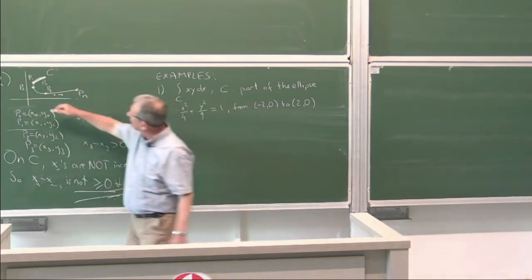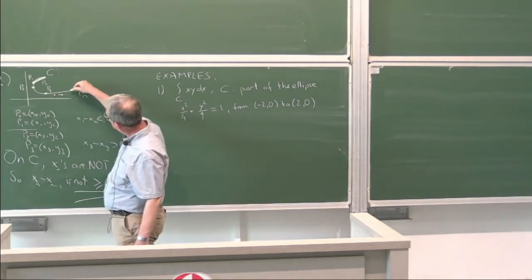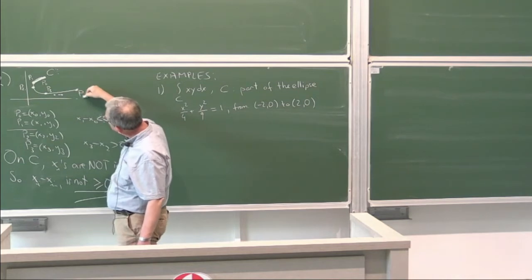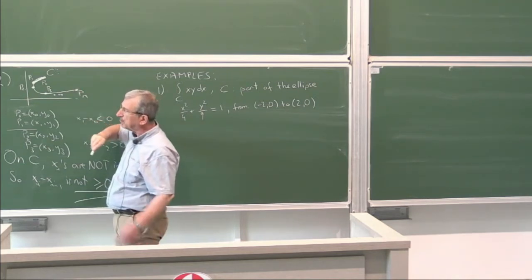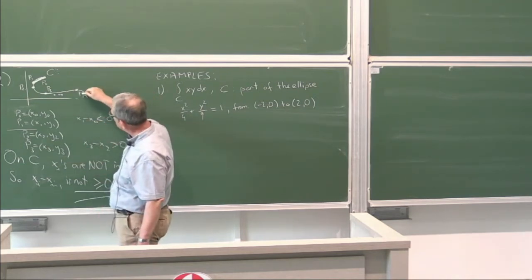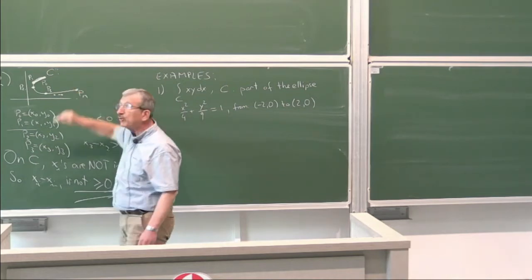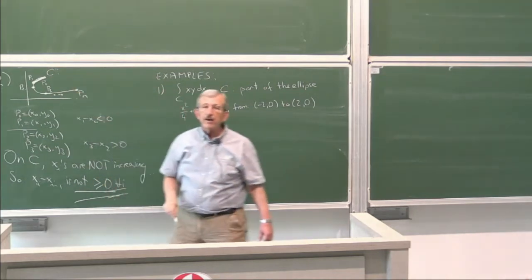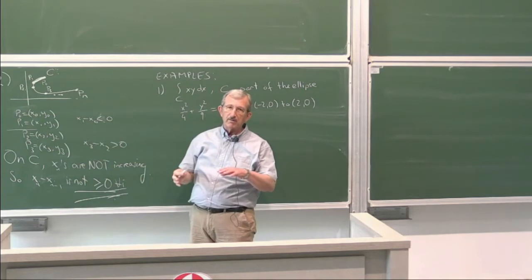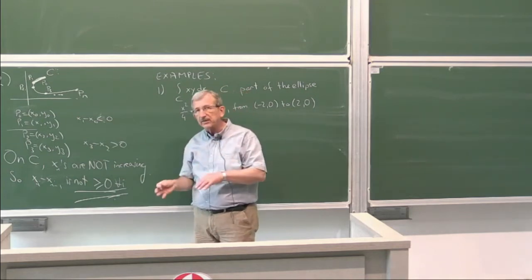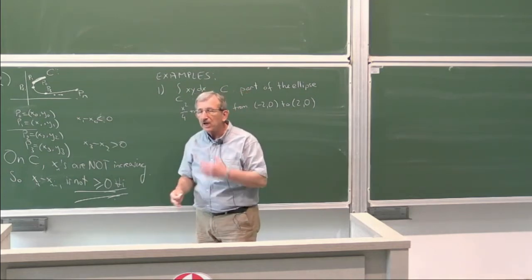Because if this were Pn minus 1, then the difference would be xn minus 1 minus xn, but if you change the notation, call this P0 and put P1 here, there will be a sign change.